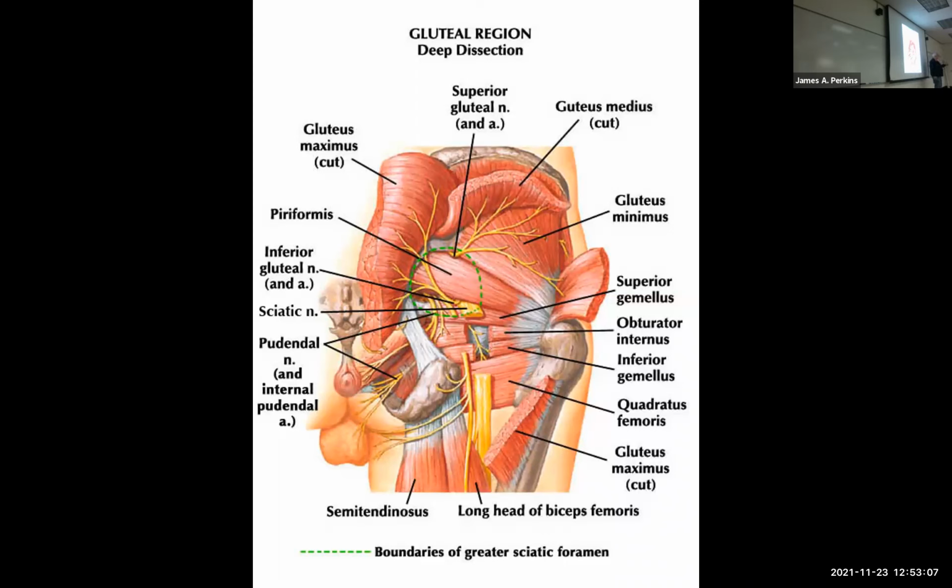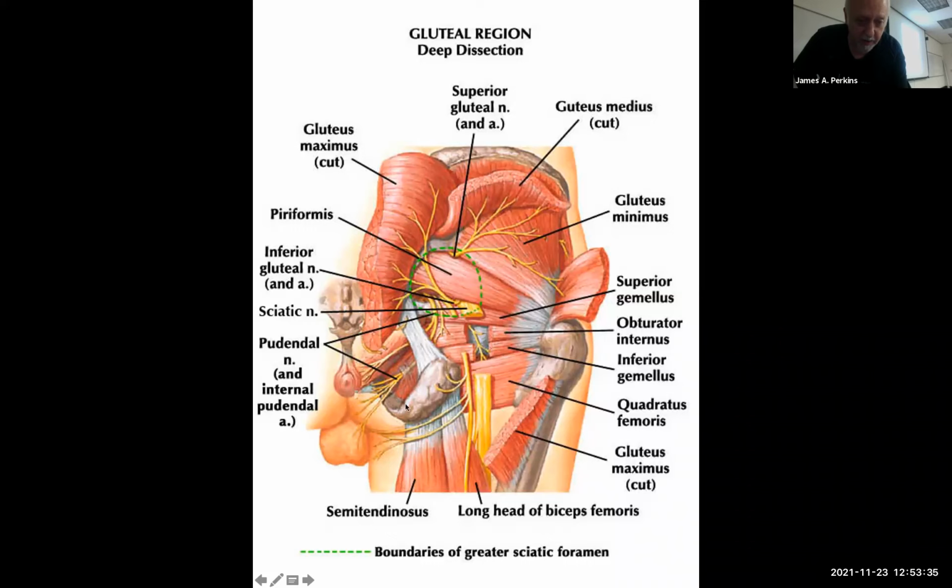The muscle belly of the obturator internus is actually way over here. I don't know if the people at home can see what I'm pointing at. Let me get the cursor and see if I can point at that. The origin of obturator internus is way over here on the inner surface of the obturator foramen.